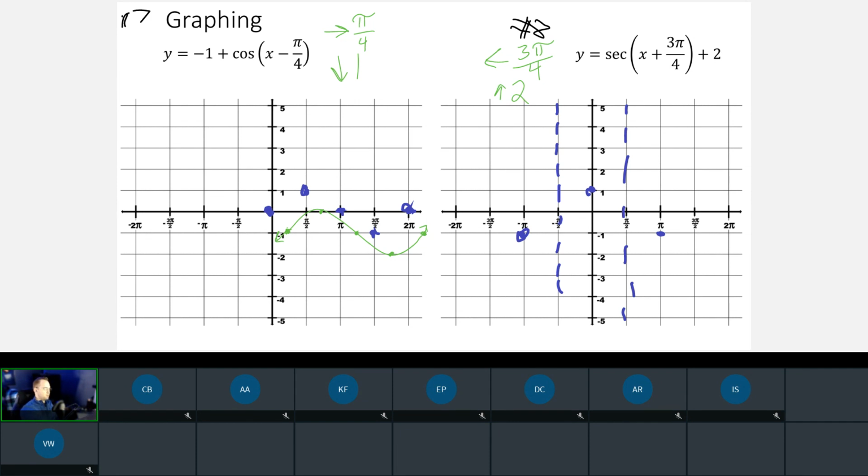So 1, 2, 3. My new one's going to be here. And then my other one's going to be 1, 2, 3. All right, do we agree on those, my two asymptotes?